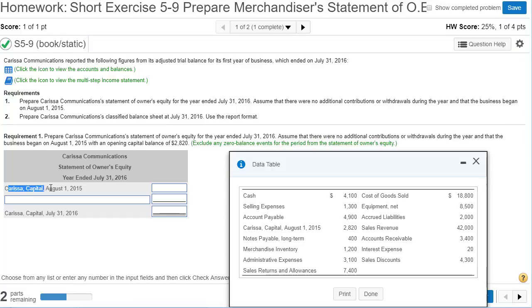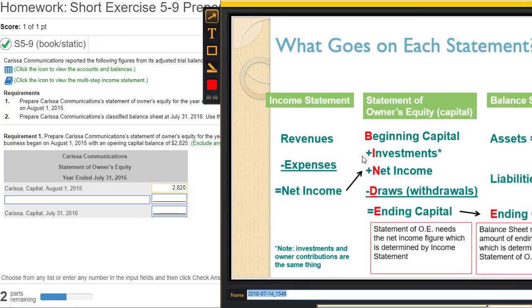We need Carissa Capital's August 1st capital account balance. And we get that right here, August 1st, 2015. So it's 2,820. Copy and paste. And getting back to our formula, we would then add investments or owner contributions, but the problem said that there are no contributions, so we skip that.